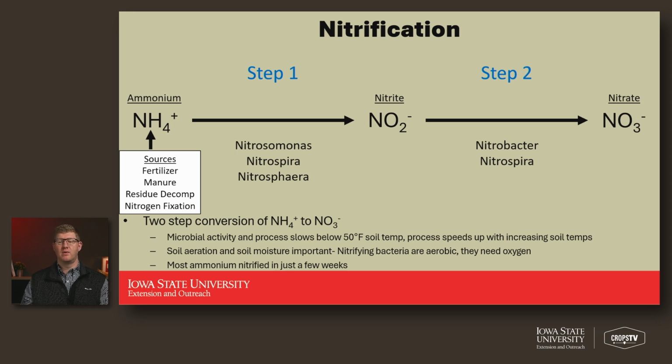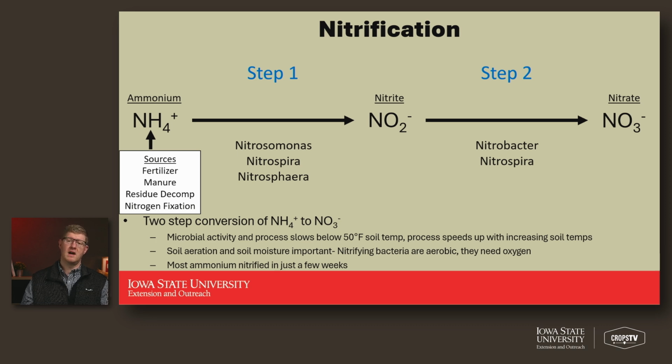And it's really important that we understand this concept because the bacteria that are responsible for this nitrification process are what we call aerobic, meaning that they need oxygen in order to metabolize this nitrogen. So if you're in a highly saturated soil system, you'll tend to see this nitrification process slow down. And in fact, you'll see a different process that we'll talk about in a minute called denitrification increase and speed up.